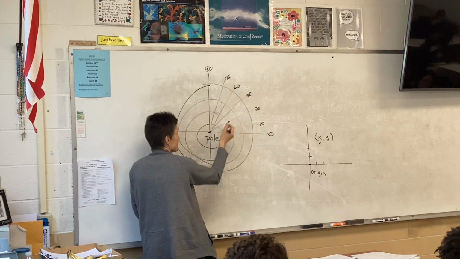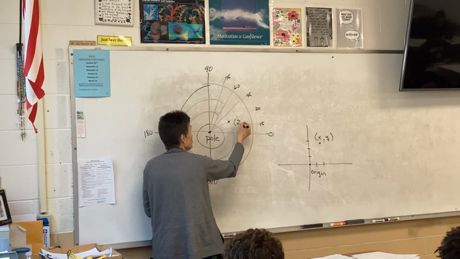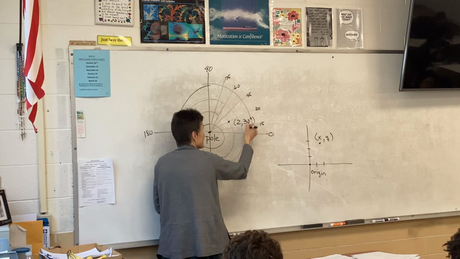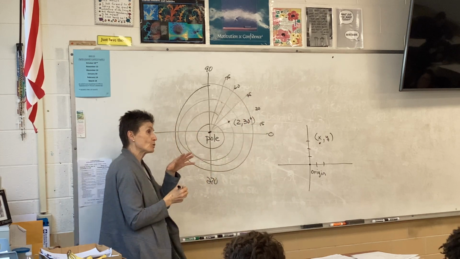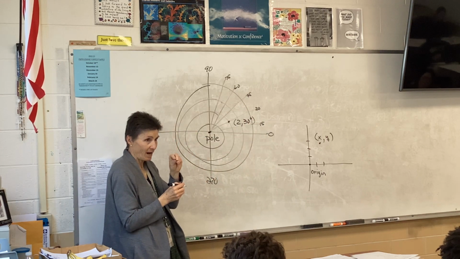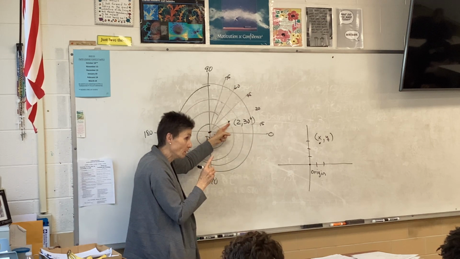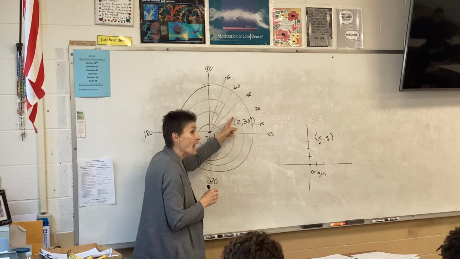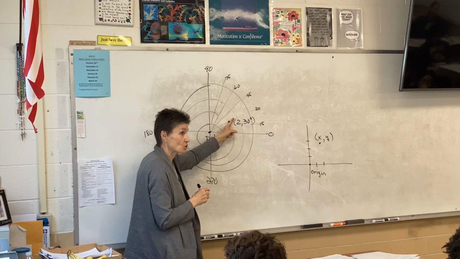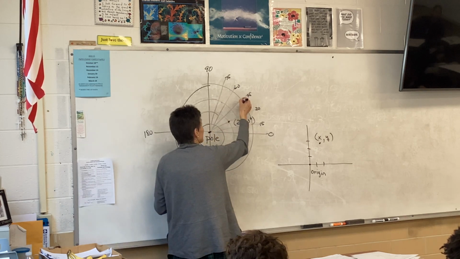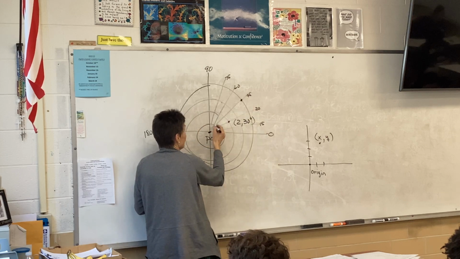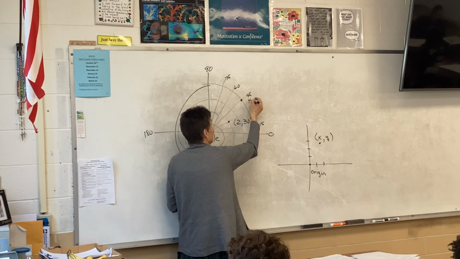That point would be 2, 30 degrees. So in other words, points are identified by a distance from the pole and the angle in standard position. So what would this point right here be? That would be 4, 45.